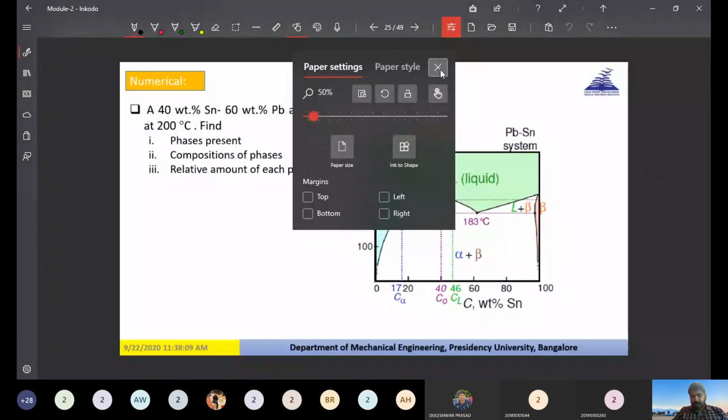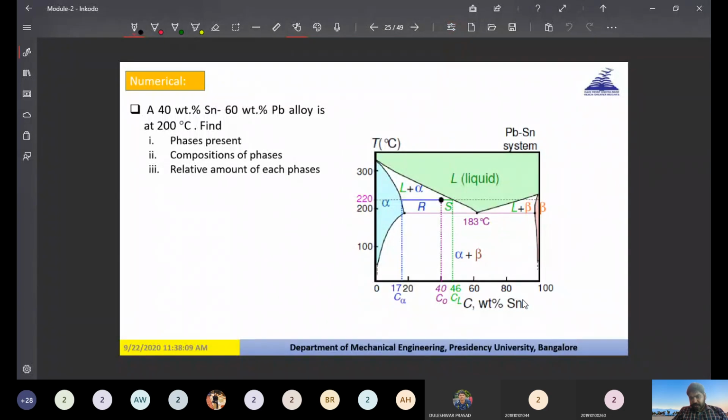You can see this percentage weight of tin is increasing.